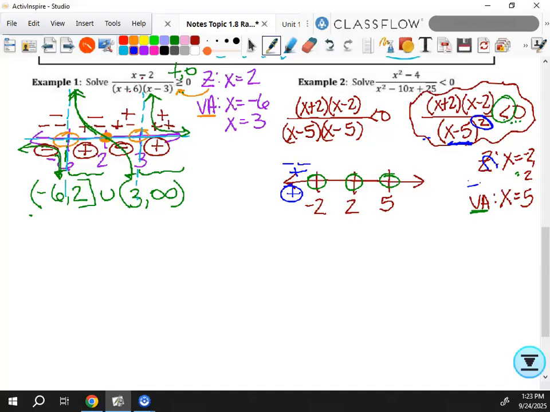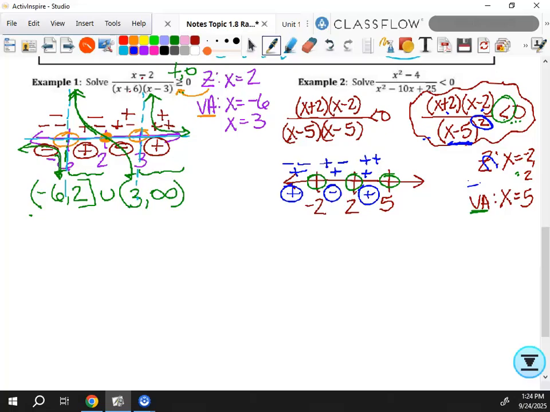Then from -2 to 2, I'll pick 0. So that'll give me positive, negative, and then the denominator is positive no matter what, negative overall. Between 2 and 5, I can pick 3, so that'll be positive, positive, and then positive. So that's positive overall.